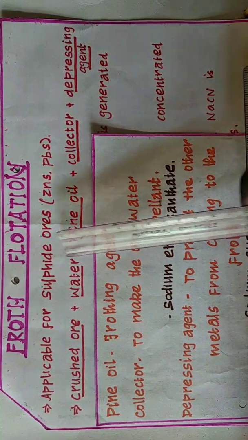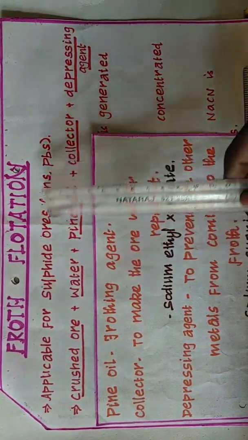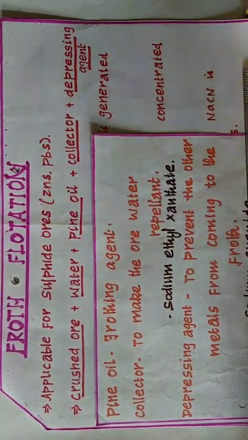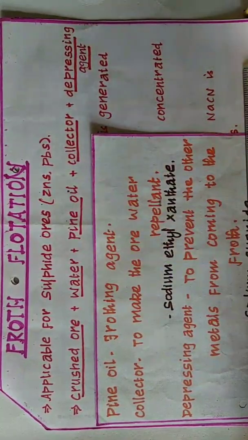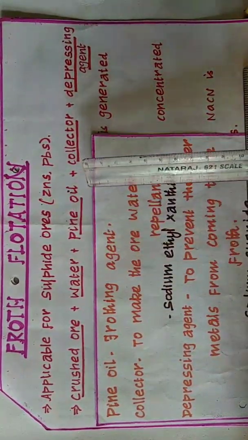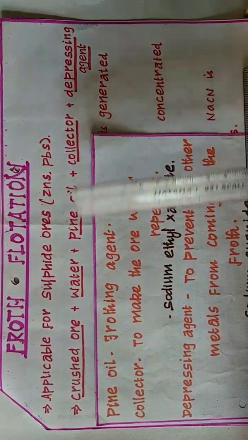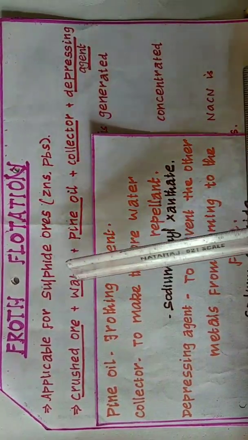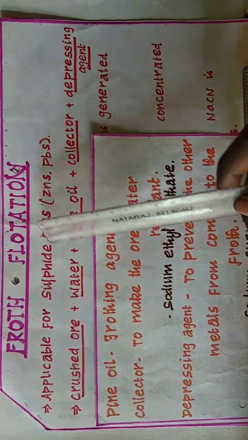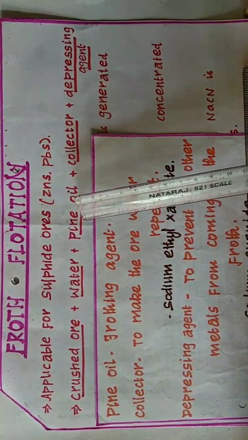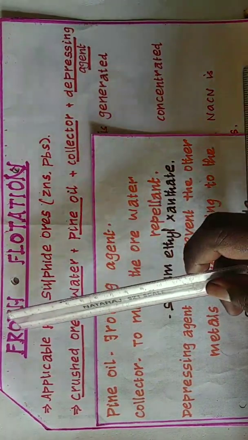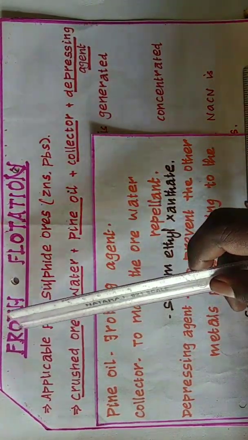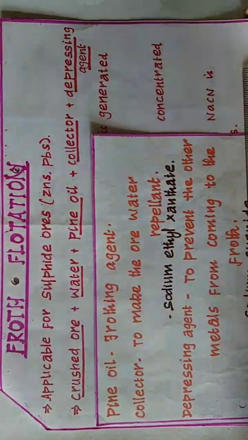So the gangue particles will remain with the water, whereas the metal particles remain with the pine oil. That is why we are adding two dissimilar things, one is water and the other is oil. Because of the addition of this pine oil, froth is generated. This is the froth of the metal which we are extracting.